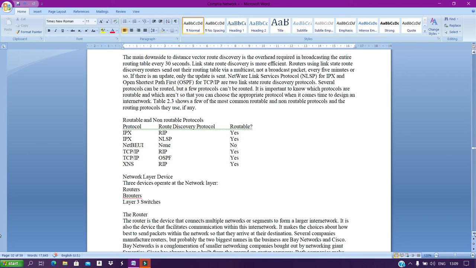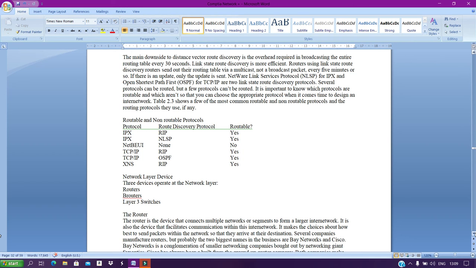Every 5 minutes or so, if there is an update, only the update is sent. Network Link Services Protocol (NLSP) for IPX and Open Shortest Path First (OSPF) for TCP/IP are two link state route discovery protocols.